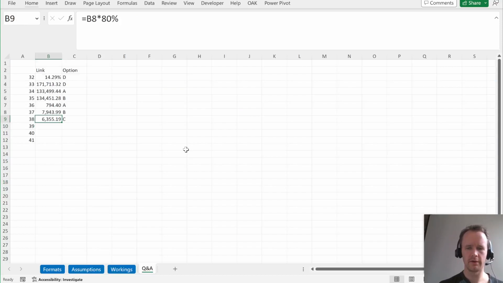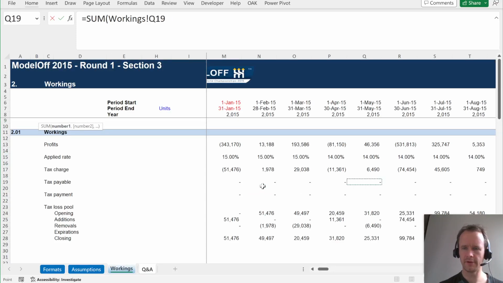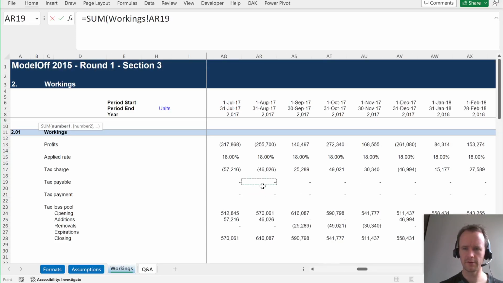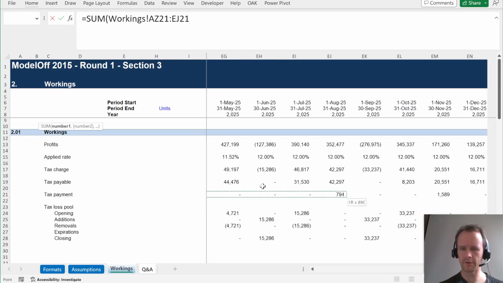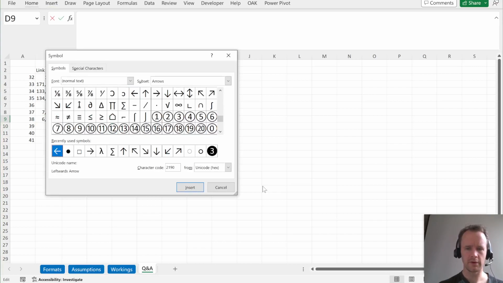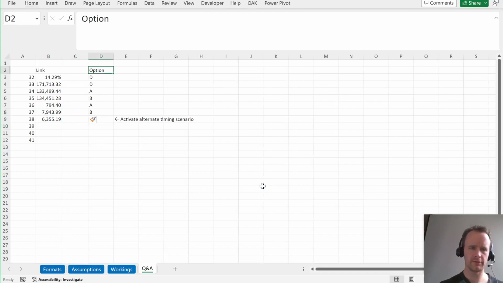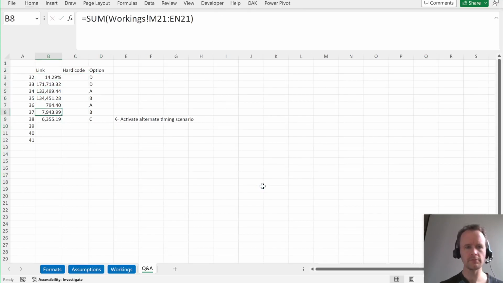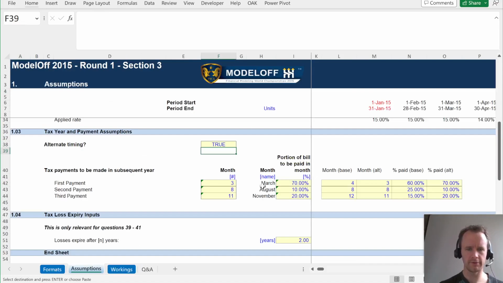And then if I sum up from April of 18 to August of 25, we get the same number. So I'm not going to data table it, I don't want to make this too time intensive, but activate alternate timing scenario. And I guess now I'll have to do hard code. And then turn that back off.